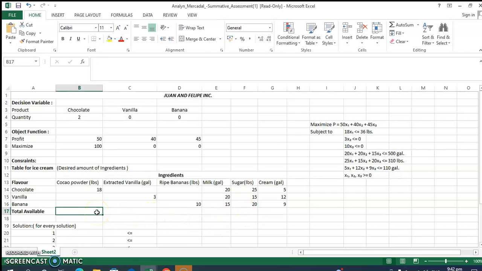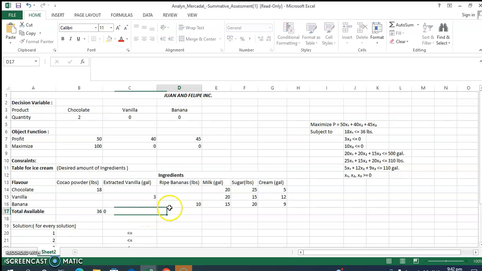So, next is the total available. So, for cocoa powder, there are 36 pounds available. And for extracted vanilla, 0.